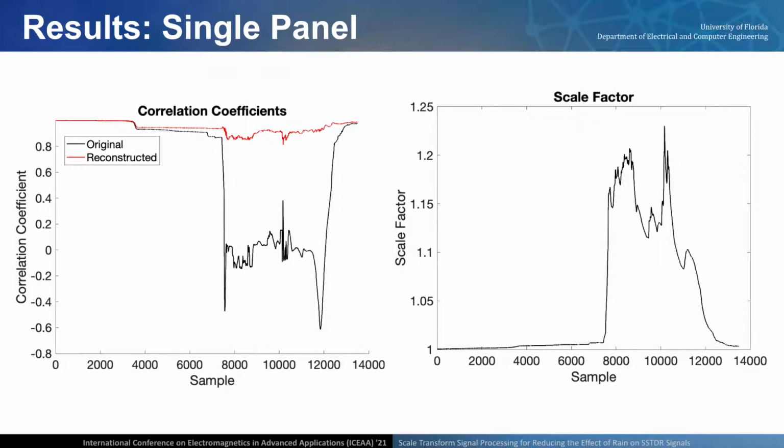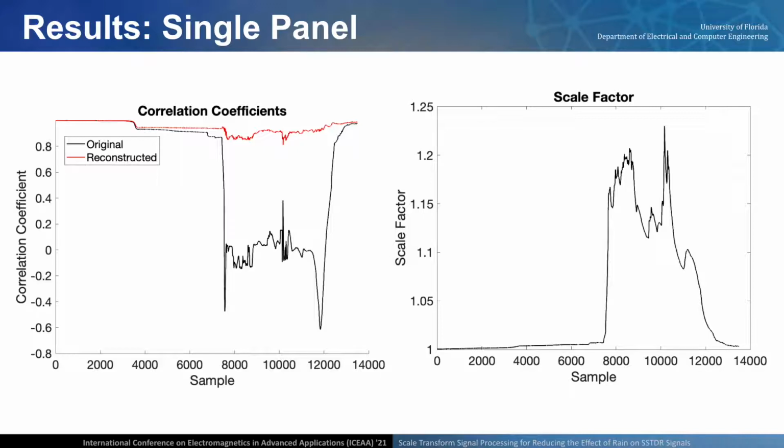So for the first panel under these rainy conditions, the left graph shows in black the original data that we've taken. Now, when we do a correlation between the SSTDR signals we have and a baseline SSTDR signal, we get this graph. As you can see, rain starts to pick up about halfway through the samples we take, and our correlation coefficients dip drastically.